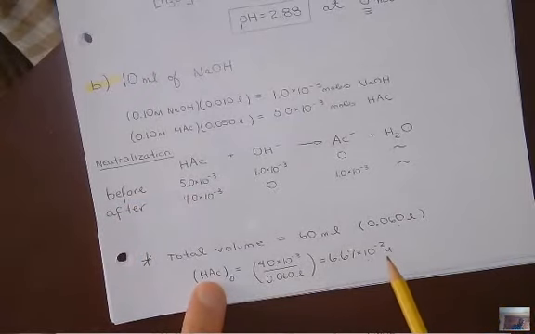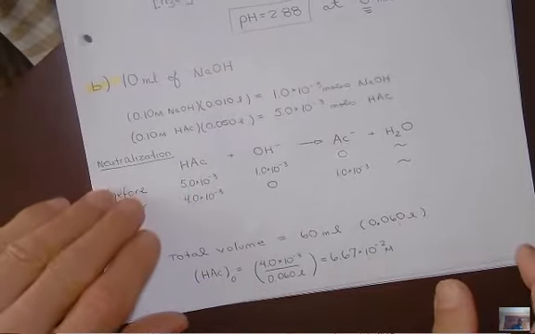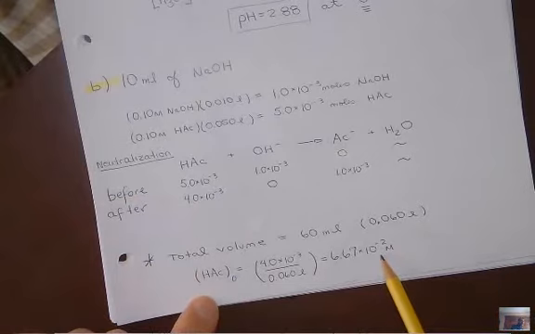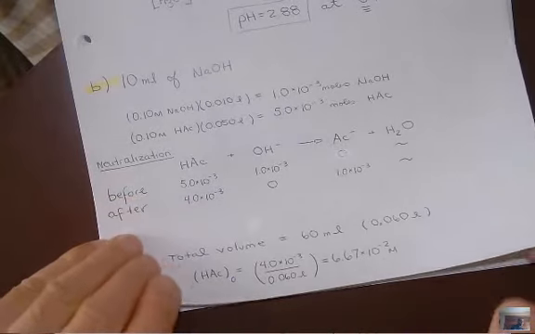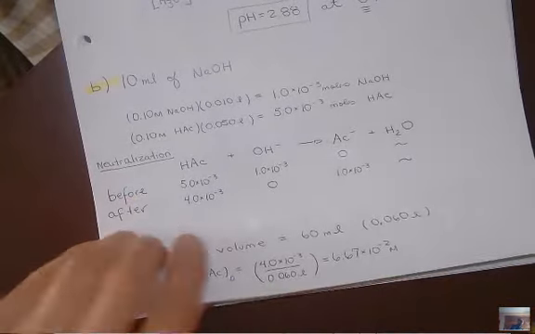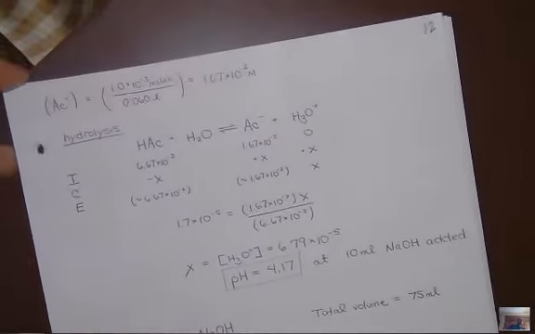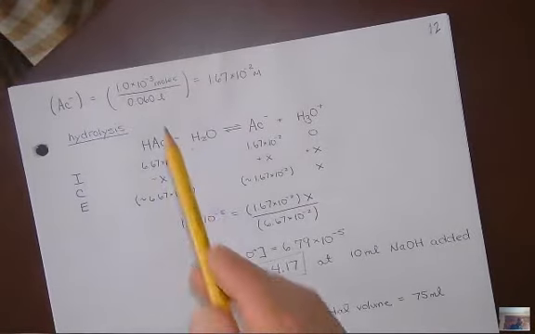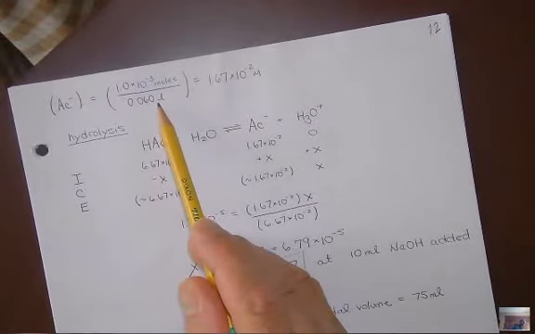Why am I going to need this? Because this is going to be involved in the next step. The next step is the hydrolysis reaction. First neutralization, then take care of the dilution, then hydrolysis. Okay, so we did it for HAC. What about AC minus? Well, AC minus is in the same beaker, the same volume of 60 milliliters.